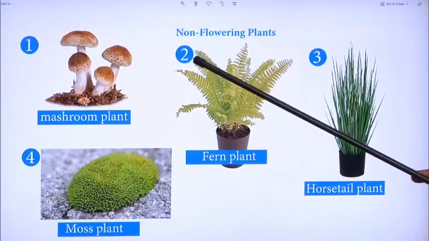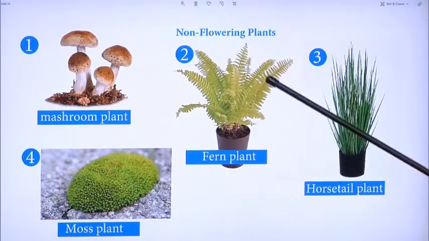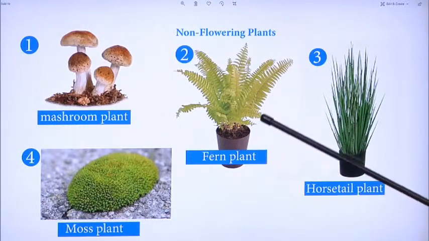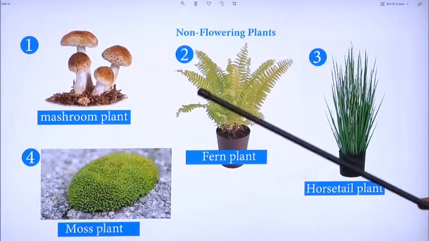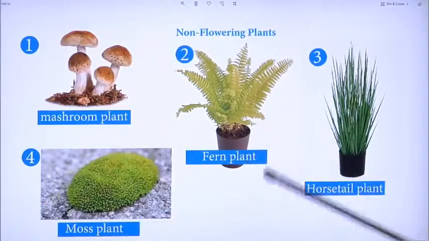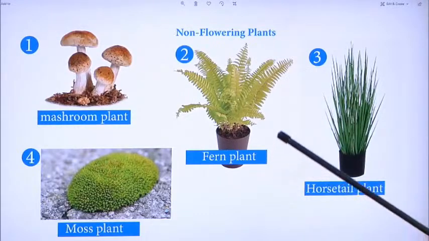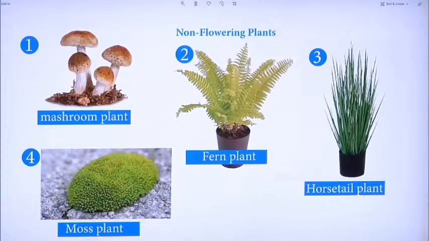Let us look at picture 2. Look at this plant very well. It also has leaves. And it is called fern plant. All of you, fern plant. I hope you've seen this plant before. They normally grow on other plants. Example, oil palm plants. You see them growing on them.